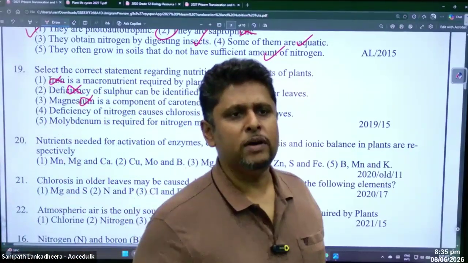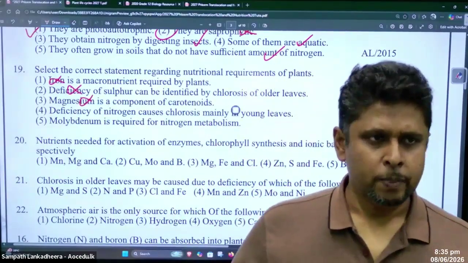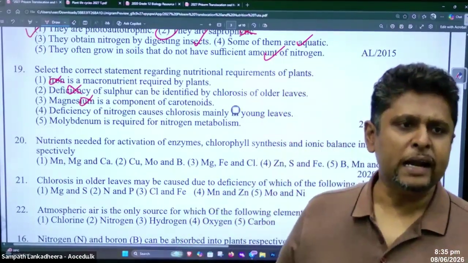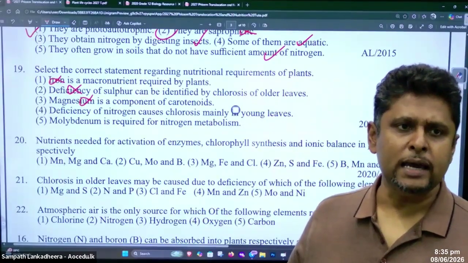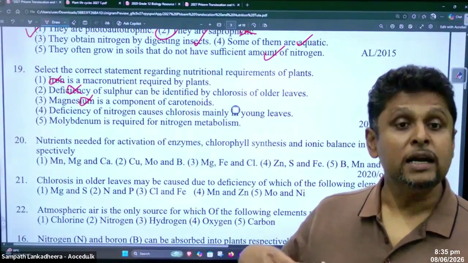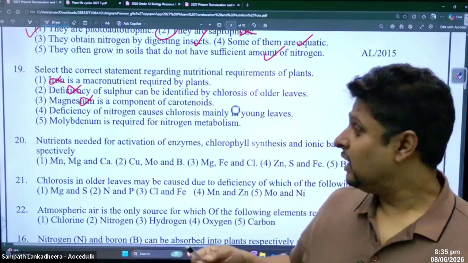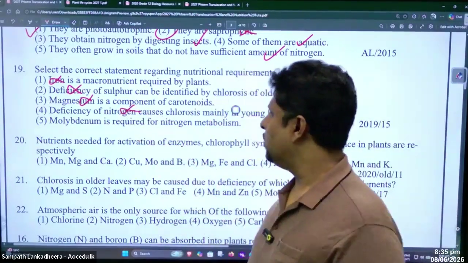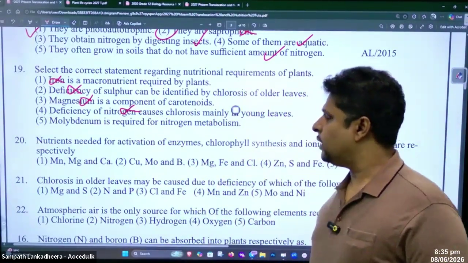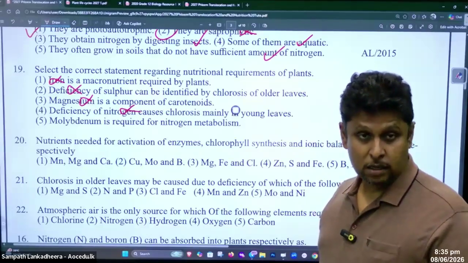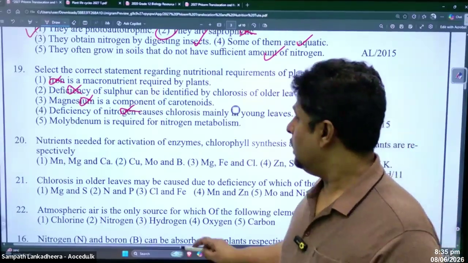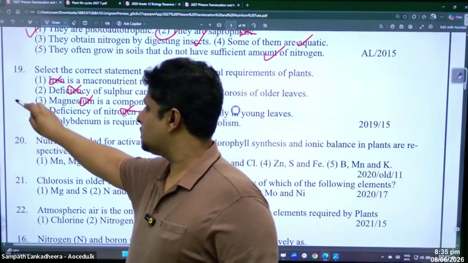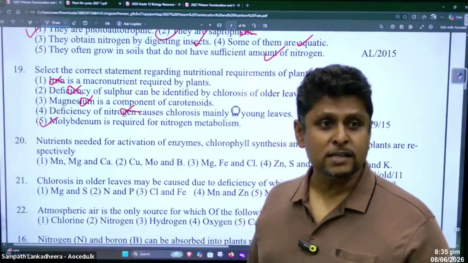Carotene and xanthophyll we call carotenoids. Deficiency of nitrogen causes chlorosis mainly in young leaves. Wrong. Molybdenum is required for nitrogen metabolism. Yes, molybdenum and nickel both. Fifth one is the answer.